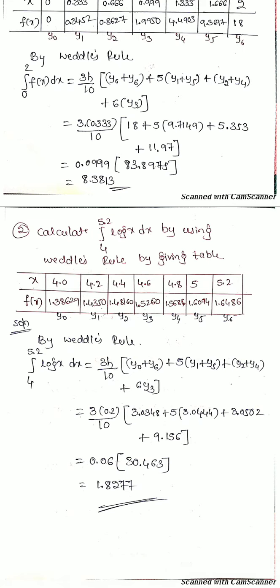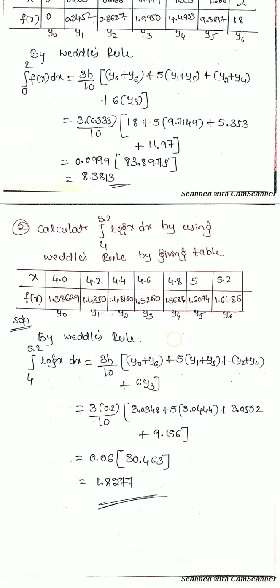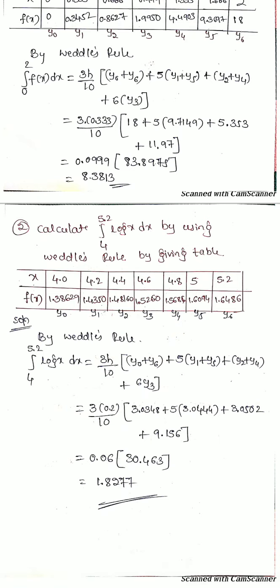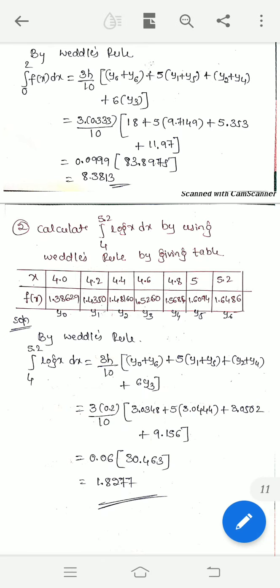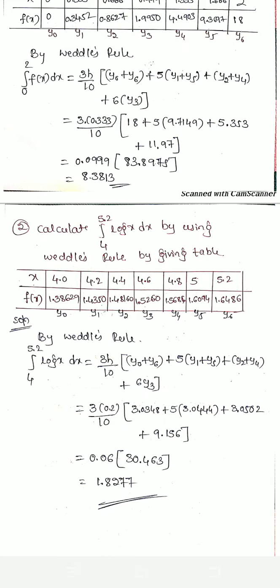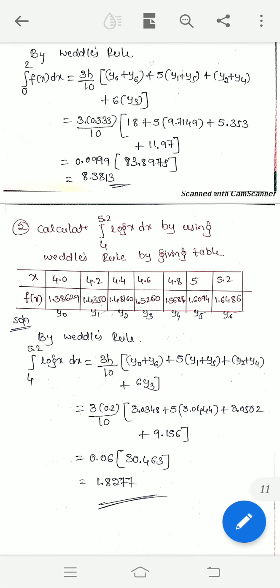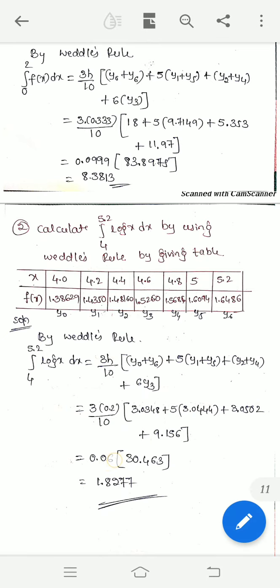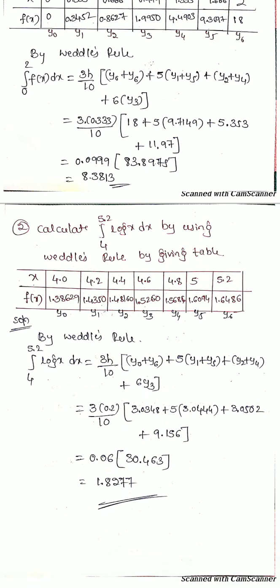Substituting all these values, where h is 0.2, that is 3 into 0.2 divided by 10 into 3.0348 plus 5 into 3.0444 plus 3.0502 plus 9.156.